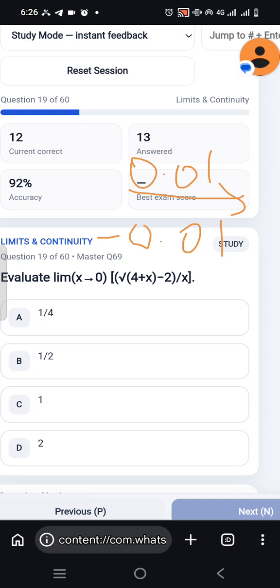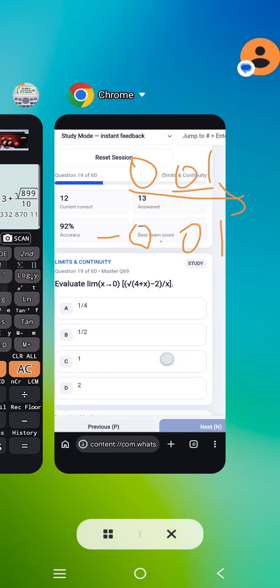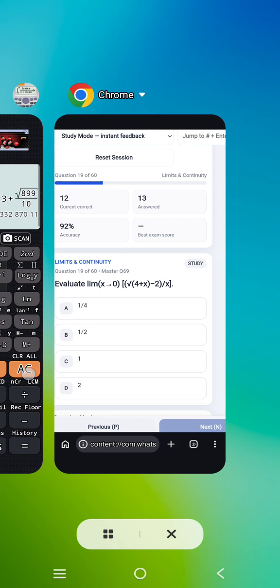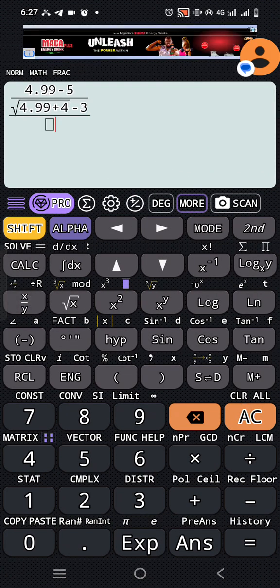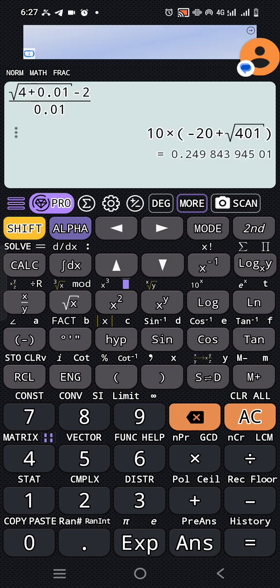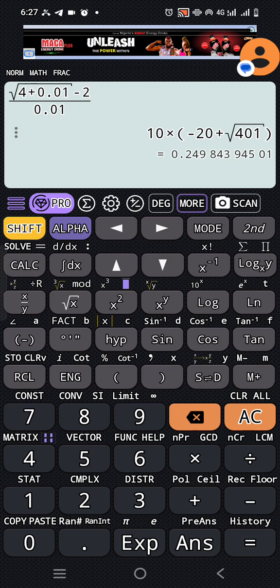Square root of 4 plus x, minus 2, then everything all over x. So let me use 0.01 in this case. So I'll go to my calculator. Sorry, that is square root of 4 plus x, that is 4 plus 0.01, minus 2, then all over x.